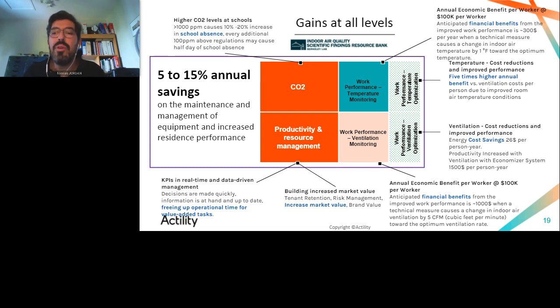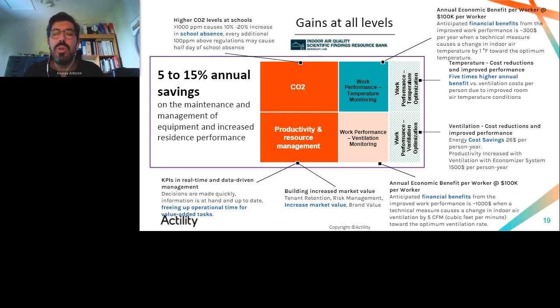And then the same for ventilation. You have very important energy cost savings by providing an automated IoT system to control the ventilation, and in terms of productivity, again, $1,500 per person per year. So we discussed the work performance and the financial benefits on the slide just before.